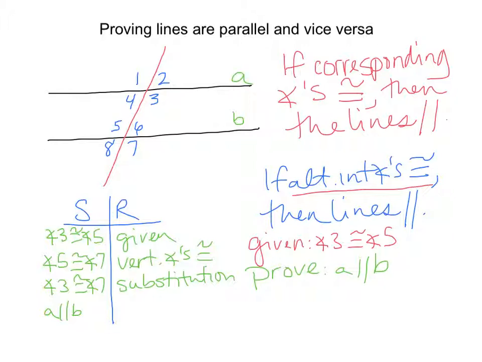And the way we're going to write that, we're going to say corresponding congruent means parallel lines. Okay? So now we know that all we need to get lines are parallel is alternate interior angles.